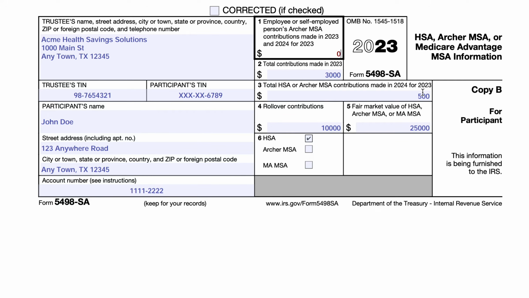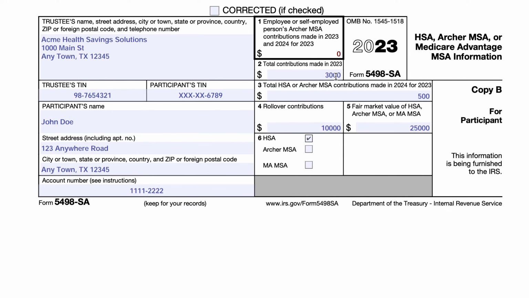But the total HSA contributions made in the 2024 tax year for the 2023 tax year appear in box 3. So let's imagine in this situation that this is $3,000 of total contributions that were made in 2023. From this form, you cannot tell if any of this was for the 2022 tax year.